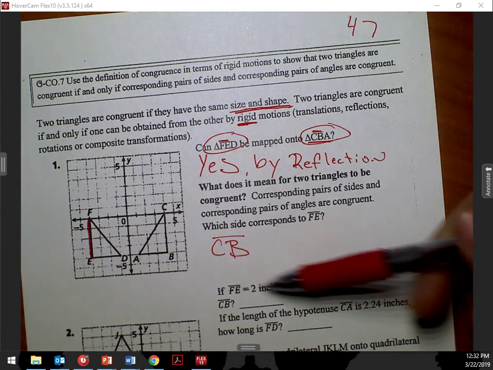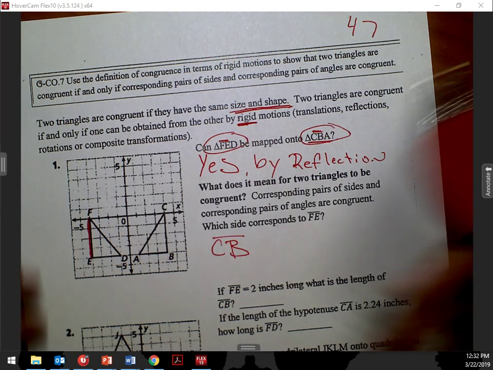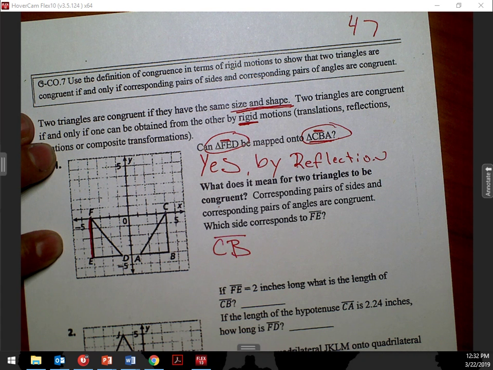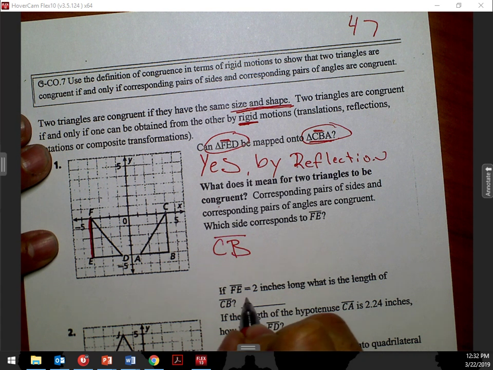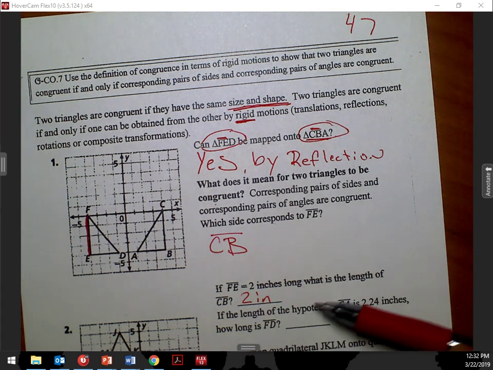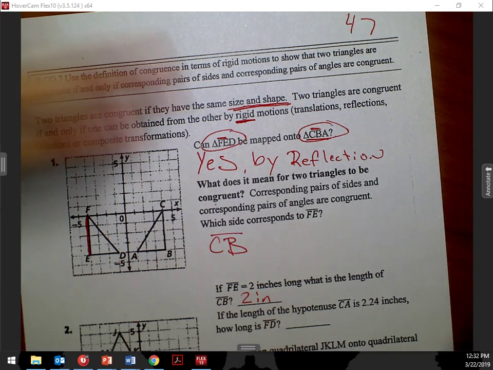So if FE is 2 inches, right here, this is 2 inches. What is CB going to equal? 2 inches. That's what it means by something being congruent. They have the same measure. All right, the length of the hypotenuse, CA, is 2.24 inches.